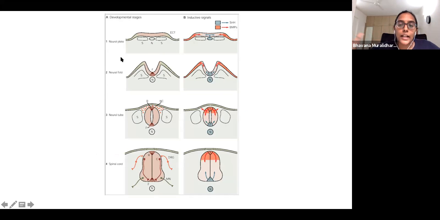Right. So that was the anterior posterior axis. Now, what is happening in the dorsoventral axis? So as I said, to begin with, in every axis, it's only inductive signals. And in the dorsoventral axis, as the neural tube closes, and this is towards the spinal cord side, you would see that this is the notochord, which induces the floor plate here.